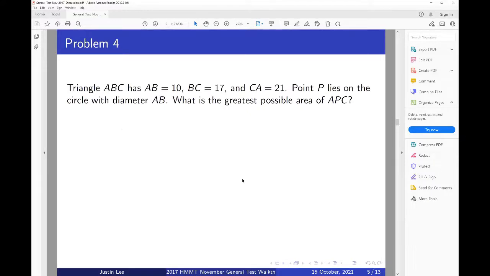Problem 4. So we've got a triangle, and a point P that lies on a circle, the circle with diameter AB. What is the greatest possible area of triangle APC? It doesn't hurt to draw a rough diagram here. Here is our triangle ABC.